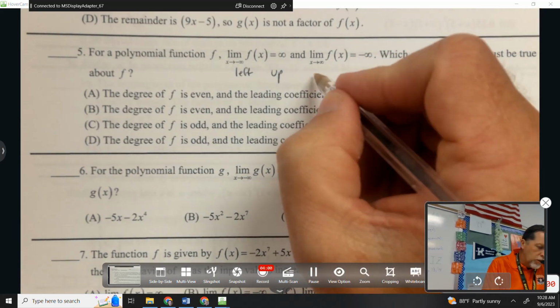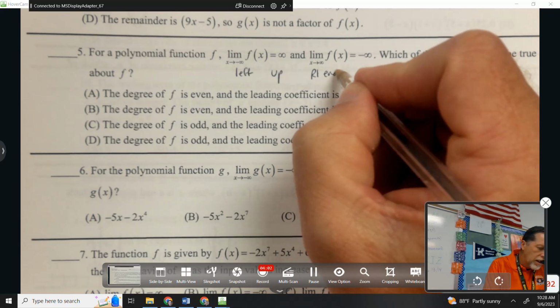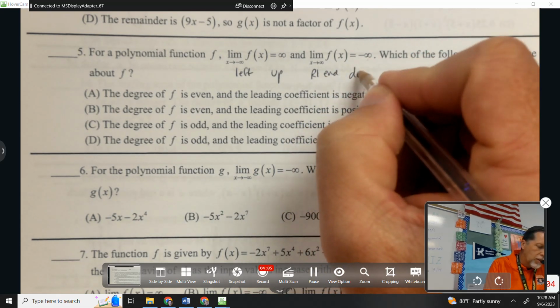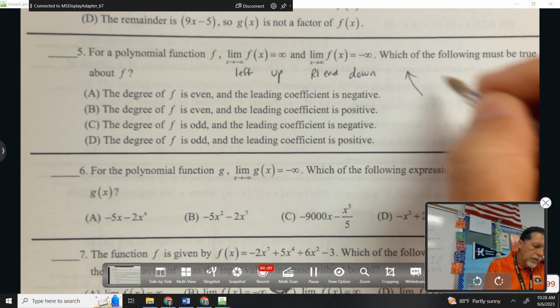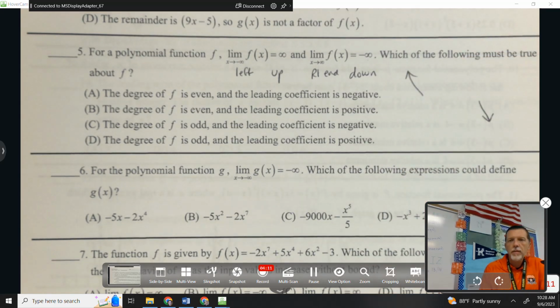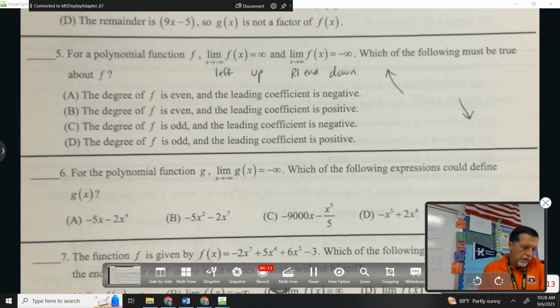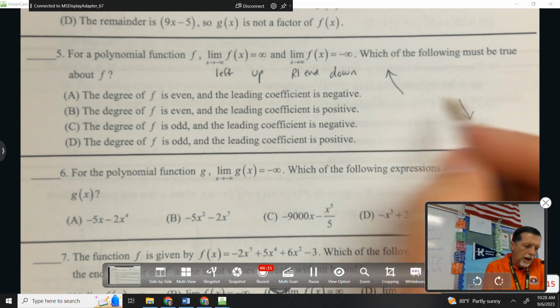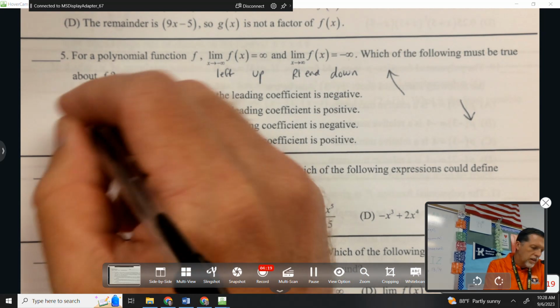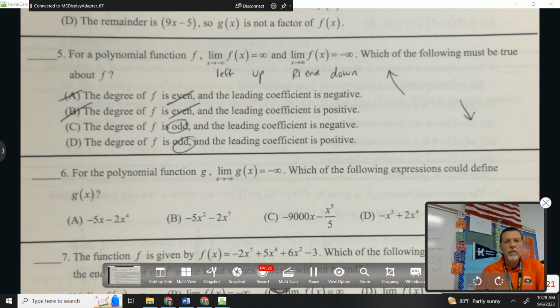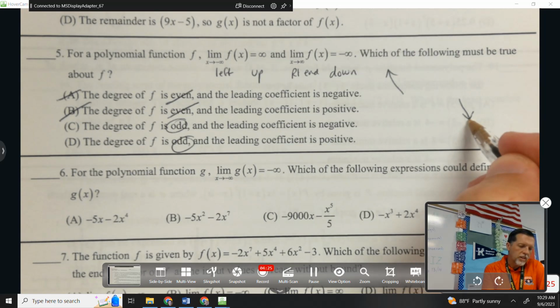Limit as x goes to infinity, that'd be the right end, goes to negative infinity, so right end is down. So left end is up, right end is down. Which of the following must be true? Well, they're opposite right away, so that's got to be odd. And then the right end is down, so that means the lead coefficient is negative.